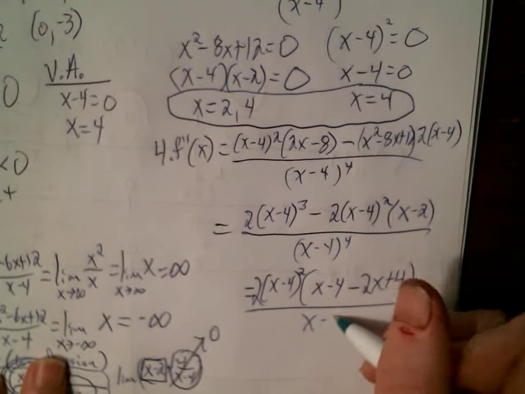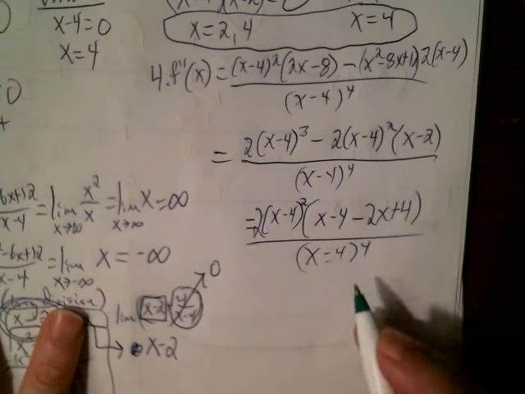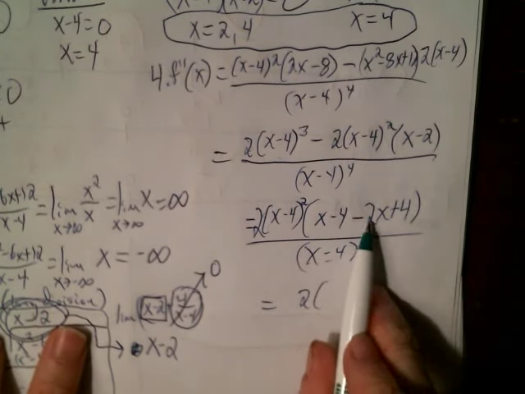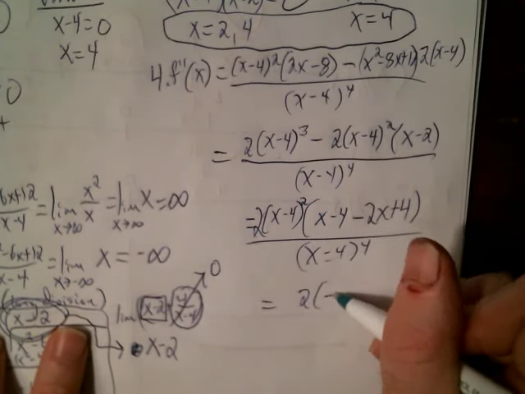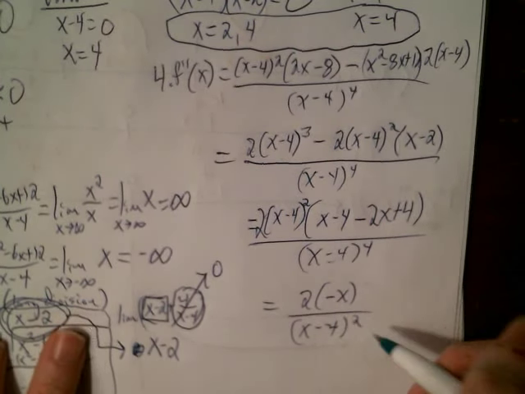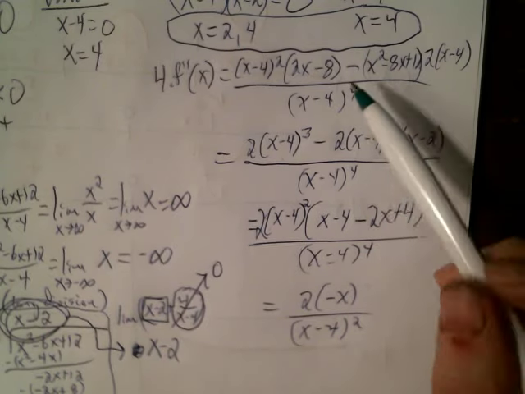And then all over x minus 4 to the fourth. 2 factors will cancel out with the denominator, and I'm left with 2 times x minus 2x is negative x, and then 4 minus 4 is just 0, so it looks like negative x all over x minus 4 squared, assuming I didn't make any silly mistakes, which I probably did somewhere along the way.